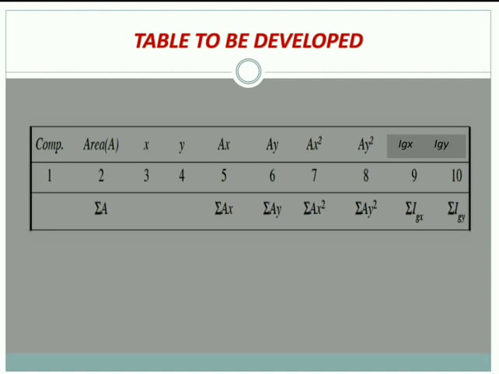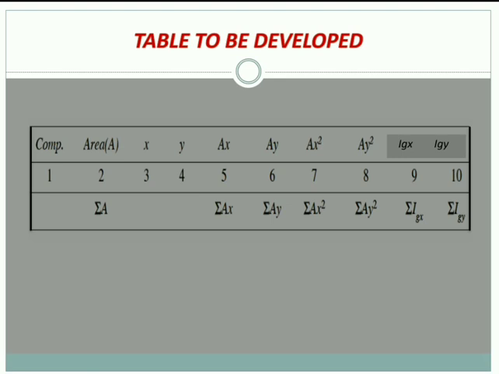Now the next are the most important columns which you have to concentrate on. We are naming them IGX and IGY. Even if you refer to other textbooks, I request you all to follow one notation only. If you are following any other notes or textbook, follow that notation. If you are completely following my notes and presentations, please follow the same notations everywhere, otherwise it will cause big confusion.